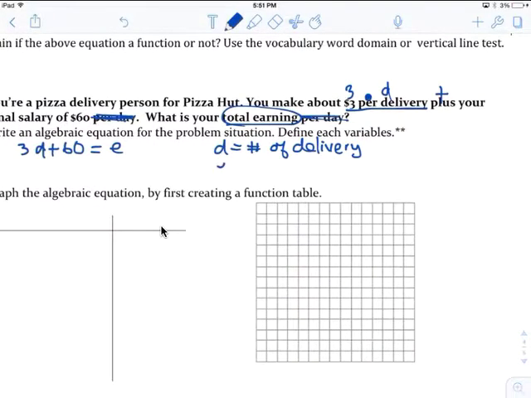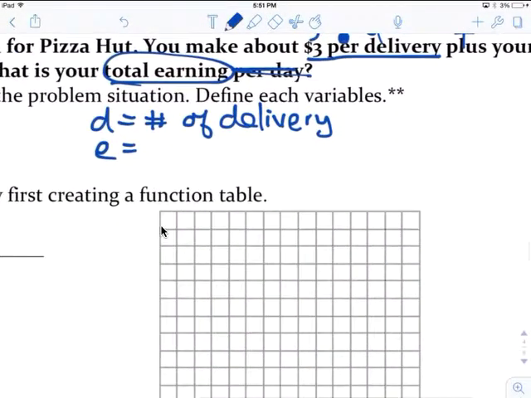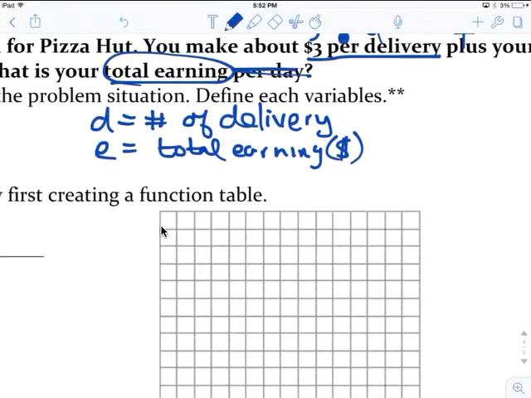What is your total earning? E equals total earning in dollars, or just earning in dollars. That's fine too.